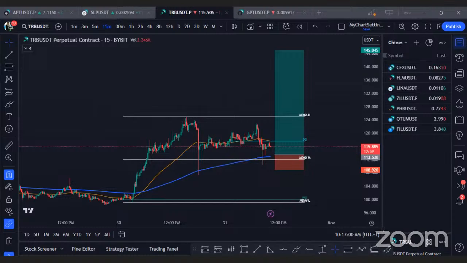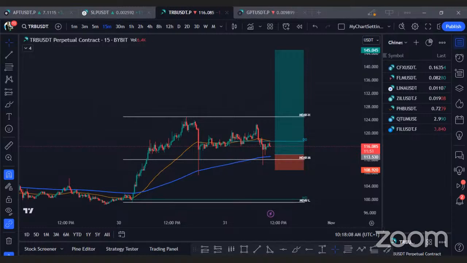Okay, Pepe just triggered. Let's see how it goes. What else are we looking at, guys?